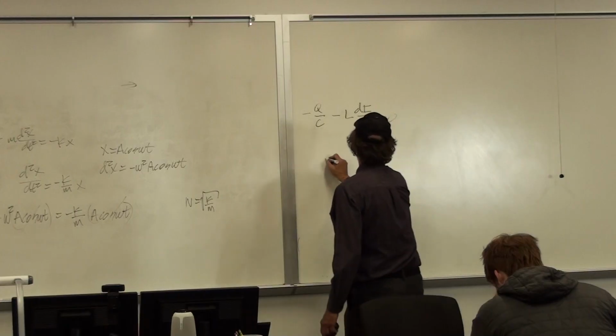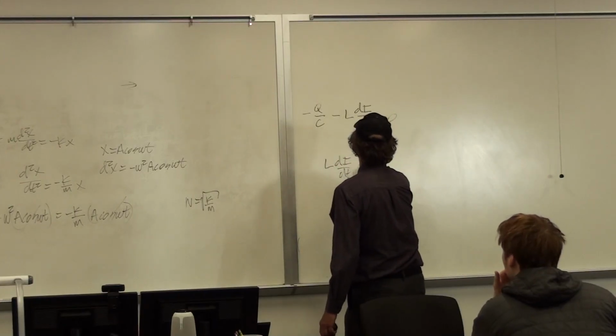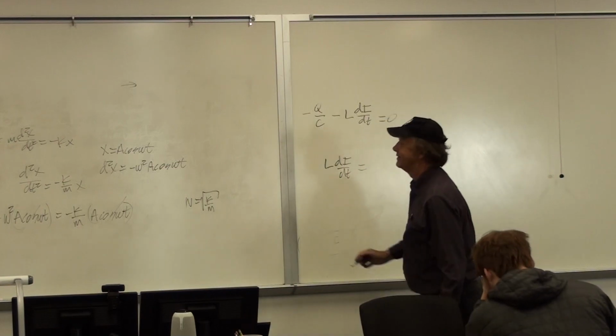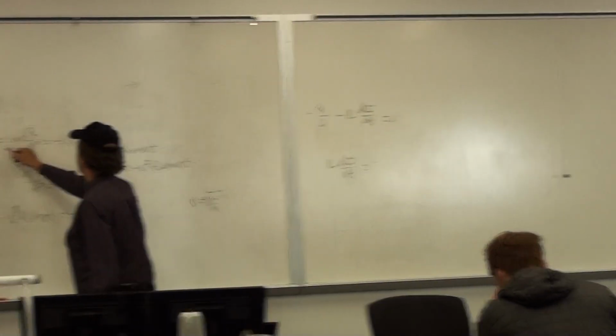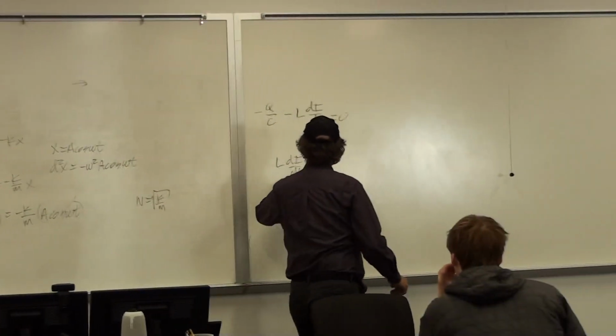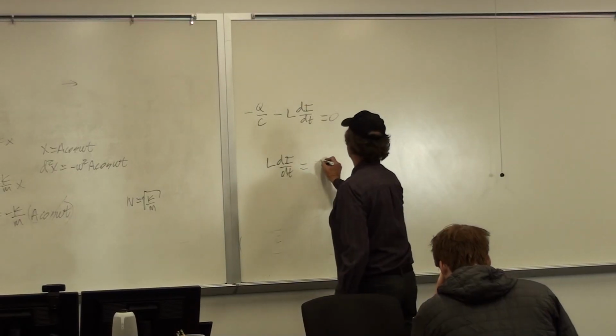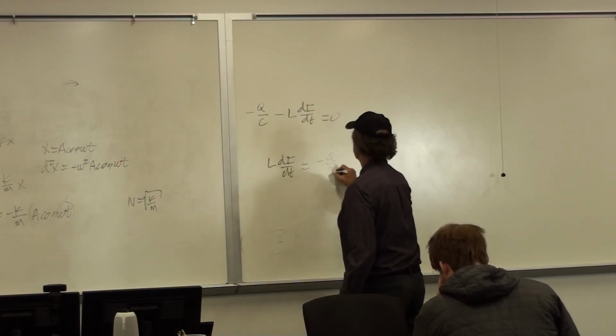Or L di dt, this is like ma, F equals ma, derivative of velocity, but this is like mass, this is kind of like velocity, so ma equals minus Q over C.